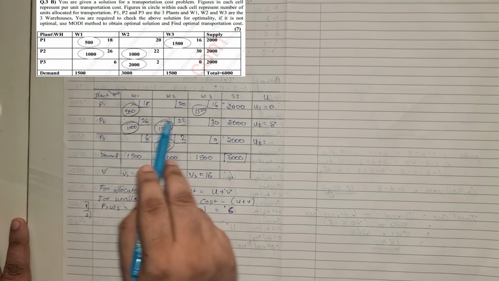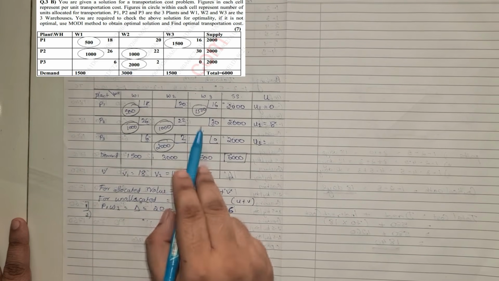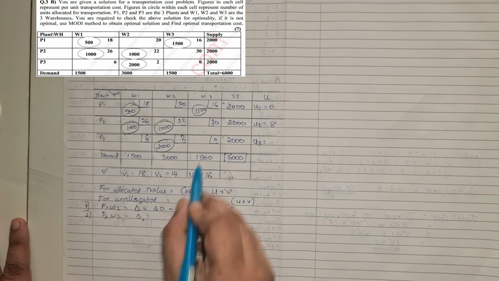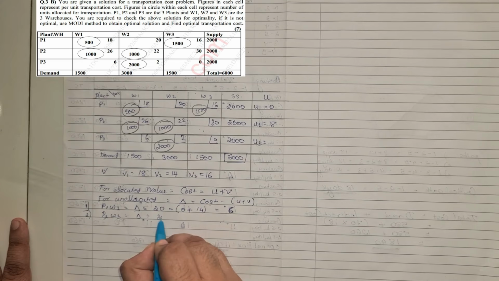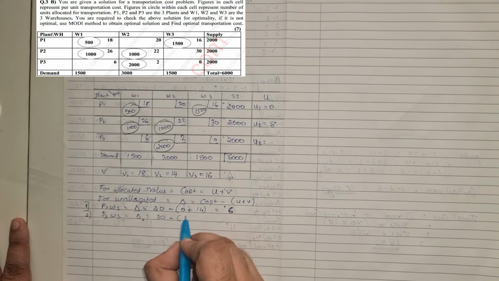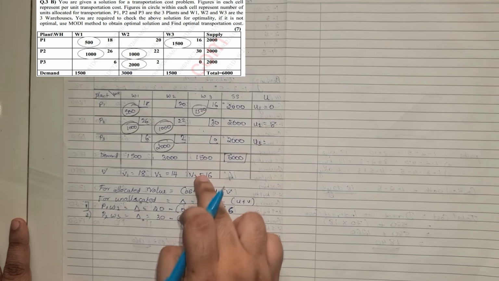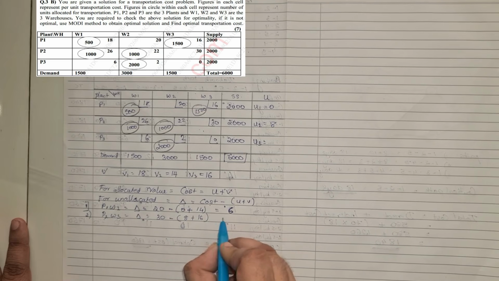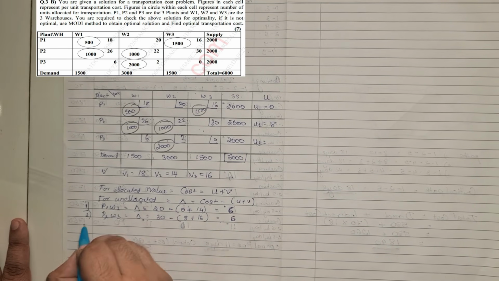The second unallocated cell is P2W3. For P2W3, delta is equal to cost, which is 30, minus u plus v. That is 8 plus 16, which is 24. So 30 minus 24 is again 6.